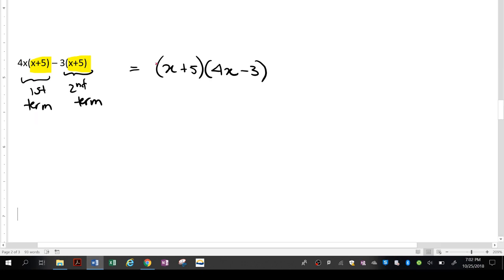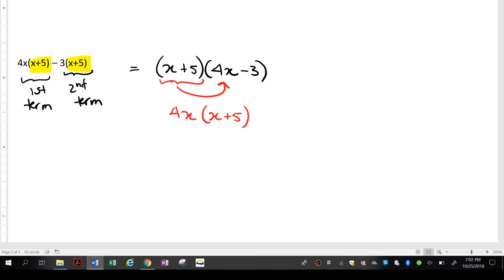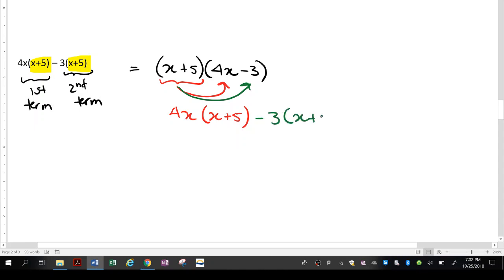And again, if we wanted to double check our answer, we could distribute by taking this first term, multiplying here by our first term in the second binomial, 4x times x plus 5, and then taking x plus 5 again and multiplying by negative 3. And you'll see we get the original polynomial back.